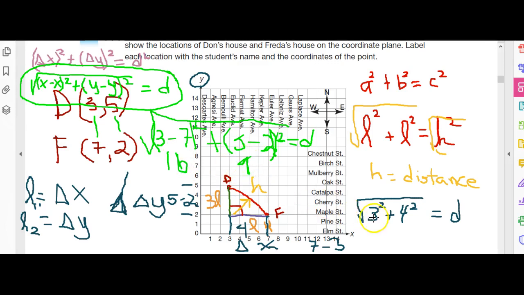Over here we had 3 squared is 9, and over here 16. I add those together, I get 25, and the square root of 25 is 5. And that is the answer for how far apart these two live if you went on a straight line between Don and Frida. Okay, huge mess there.